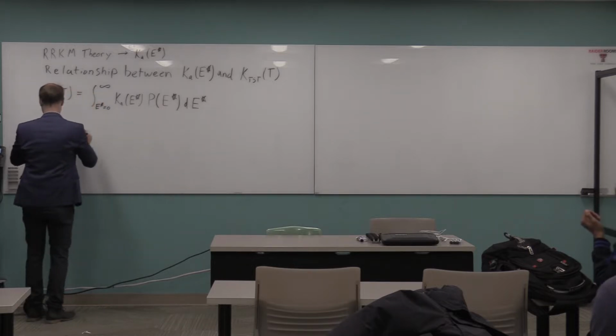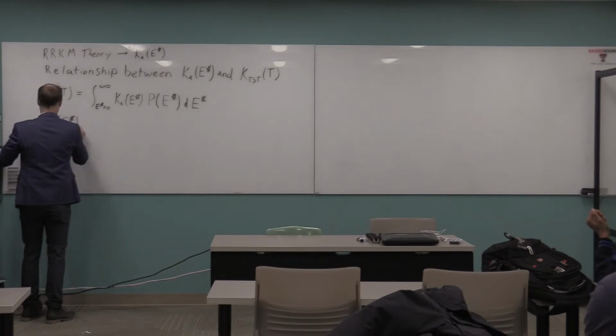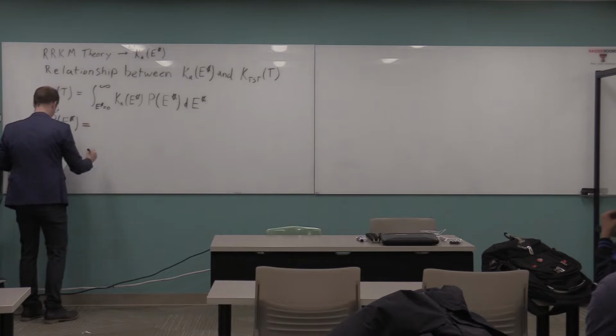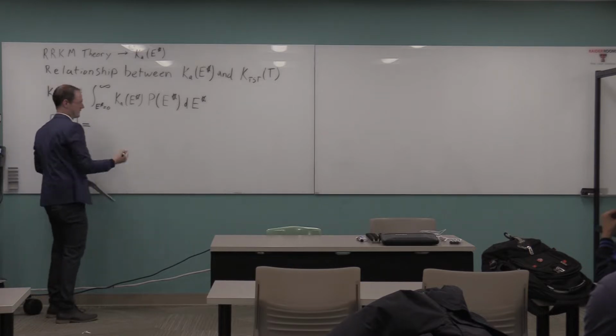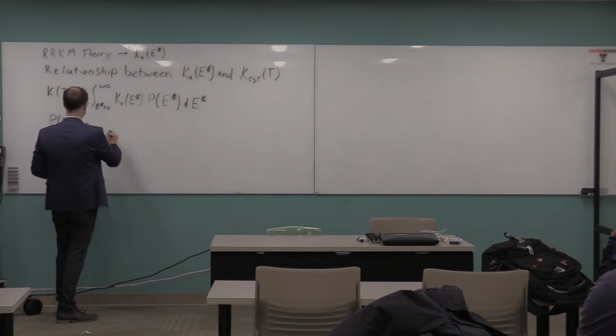So this P of E star, that's going to be, we need a degeneracy factor. And if you're in the limit where the energy levels are really close together, you can just take that degeneracy factor to be the density of states.